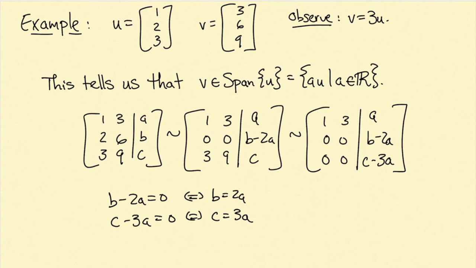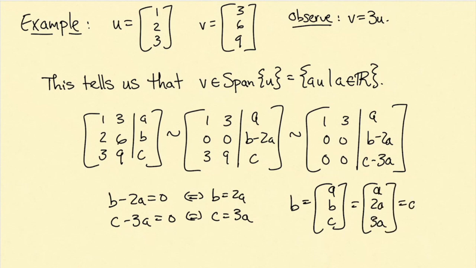So the vectors which satisfy this are the ones with entries a, b, and c, such that b is equal to 2a and c is equal to 3a, which we can think about as the vector a times 1, 2, 3. So just as we claimed, the span of these two vectors is exactly the span of u, or you could equivalently think about this as the span of v, since we could think about u as being 1/3 v. It doesn't matter, the relationship is totally symmetric here.